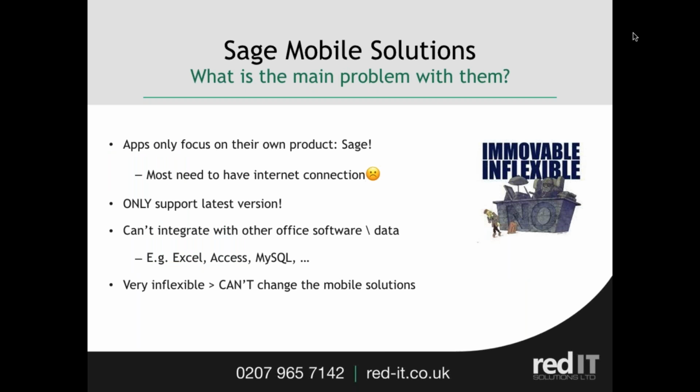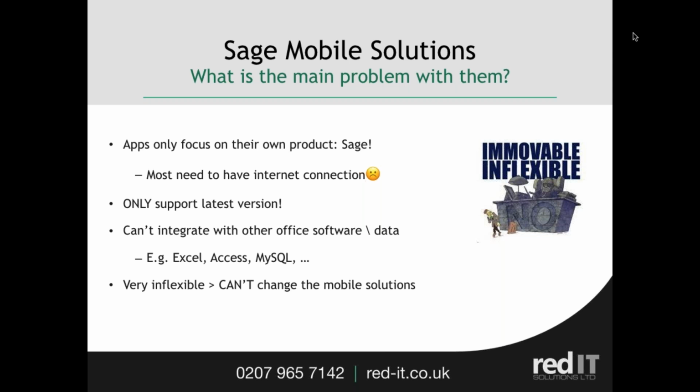So what about the mobile solutions that are already out there? Well, there's one massive flaw with those. Those apps only focus on their software developer's application. So, for example, the Sage apps work only with Sage. Furthermore, they assume you've got an internet connection.